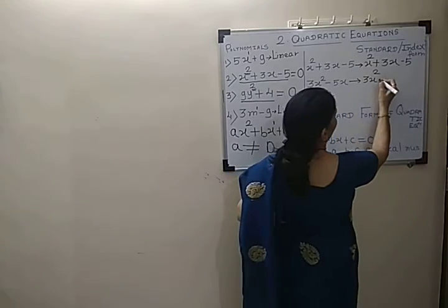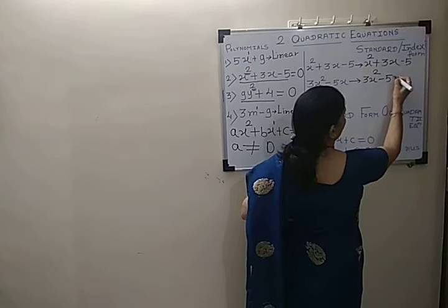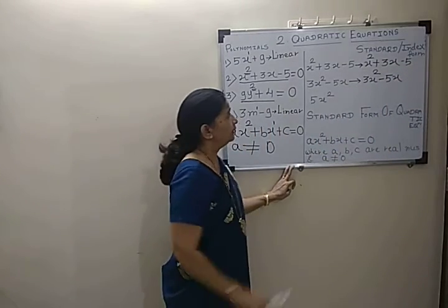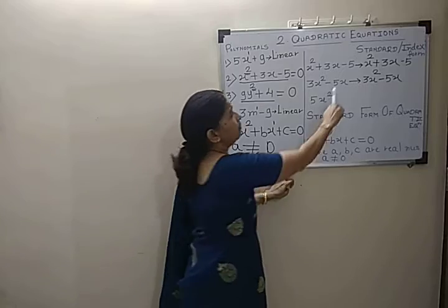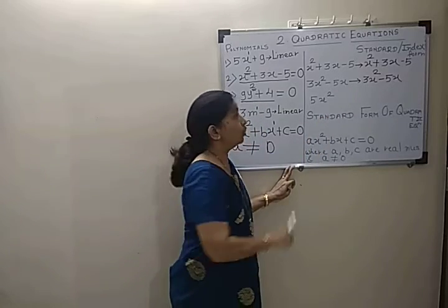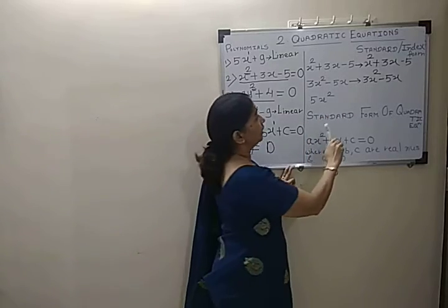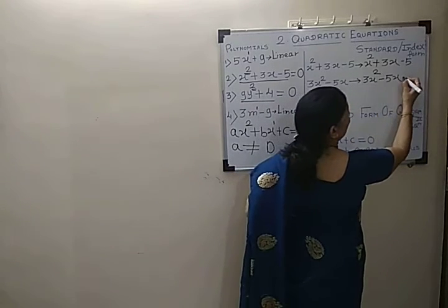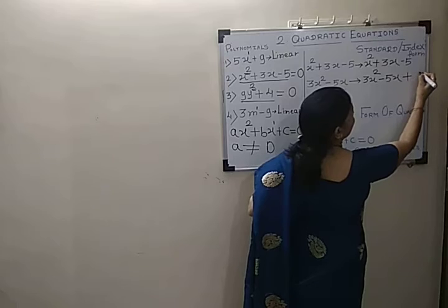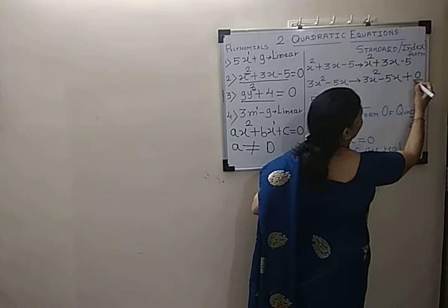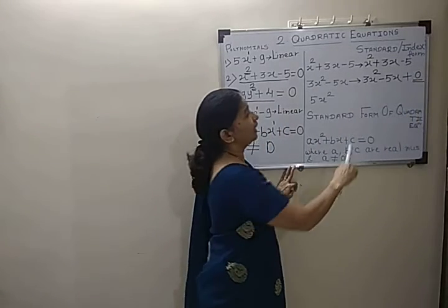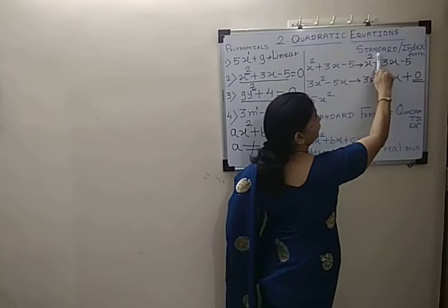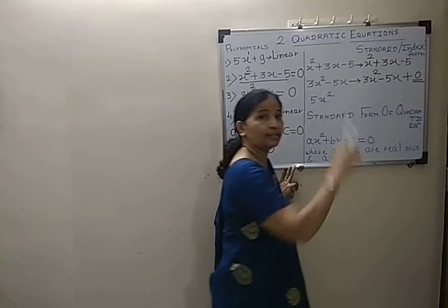So I wrote minus 5x. But the constant c is not there. So what to do for that? For that I will take help of 0 and I will write here plus 0. In this way, I wrote this in standard or index form.